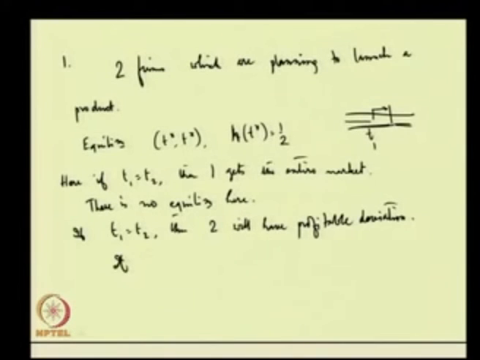If T1 is not equal to T2, that cannot be an equilibrium either. Then firm 1 will have a profitable deviation, because firm 1 will choose a time just equal to T2 and get the entire market. So that is the idea. There cannot be an equilibrium in this case.